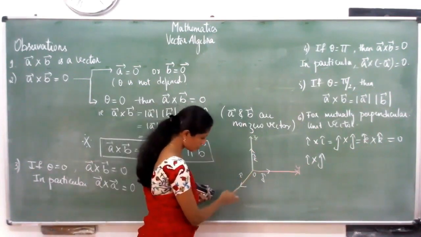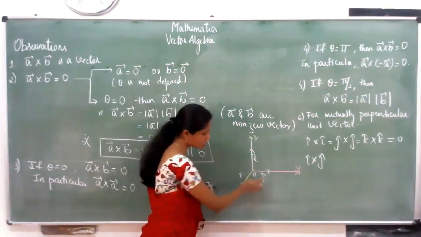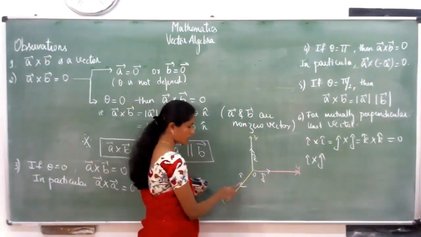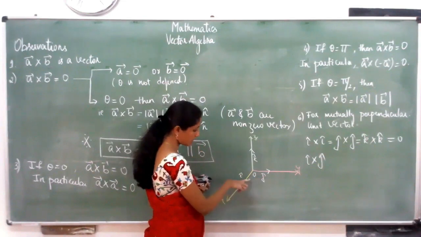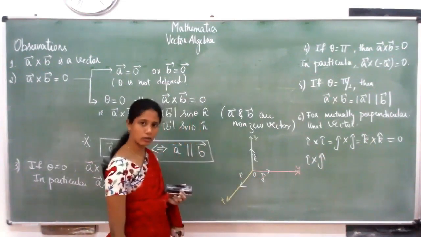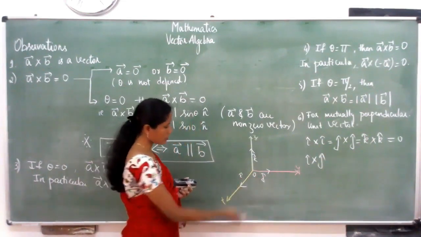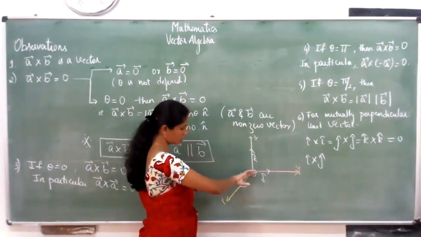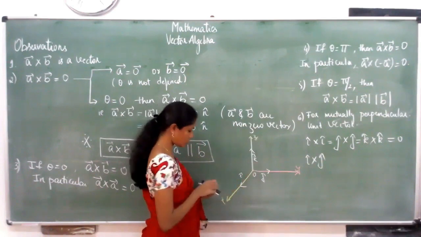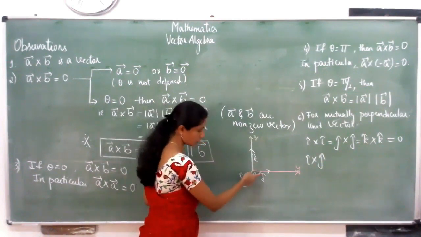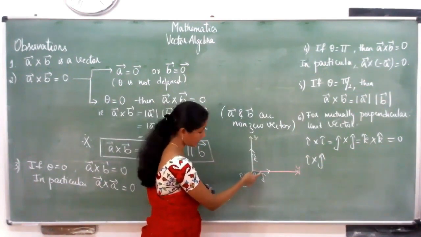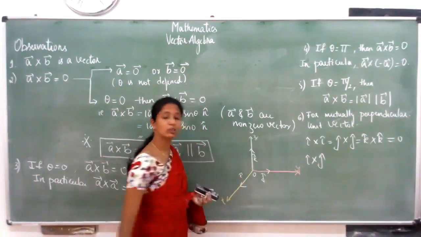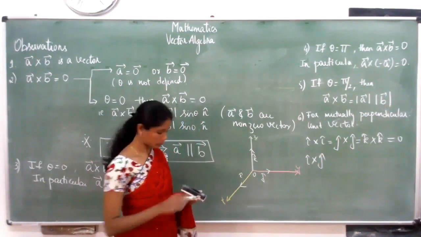So, if this is your vector A and this is your vector B, and I apply the right hand rule from I to J, then my resultant vector will be along the unit vector K cap.